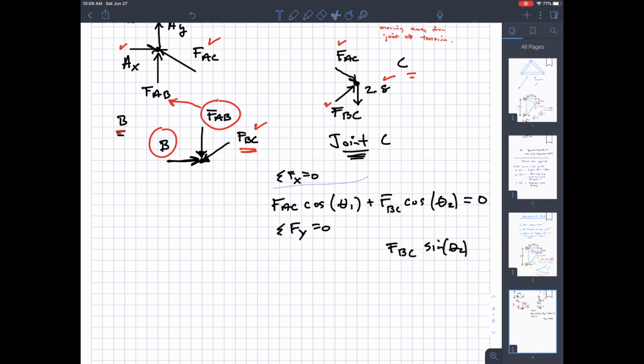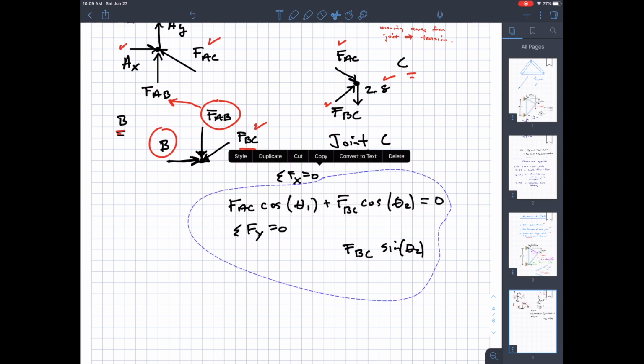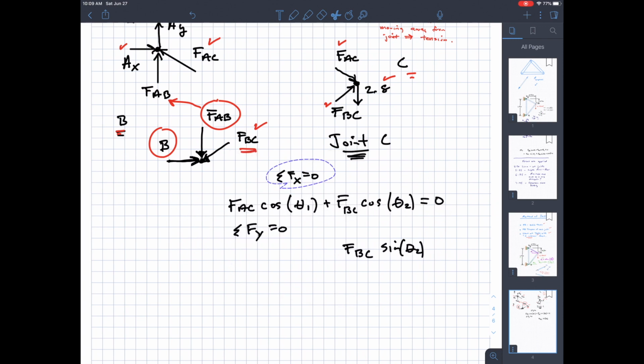I'm going to give room for the whole thing. Then I have the 2.8 kilonewtons moving down, and I also have the FAC component moving down, so this would be minus FAC sine theta 1.